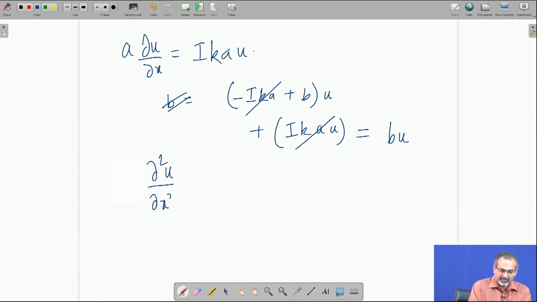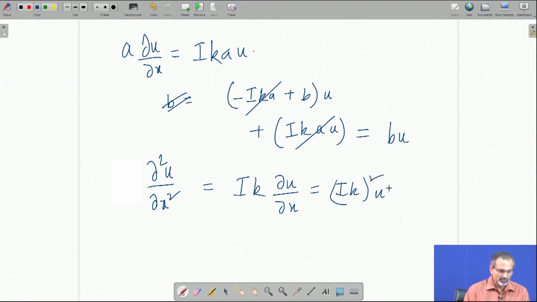For that we will have to find the second order derivative. If you work out the second order derivative, you will find that this works out to be I k del u del x. So, that is I k square u, that is minus k square u. Therefore, we have worked out all the terms that we need.